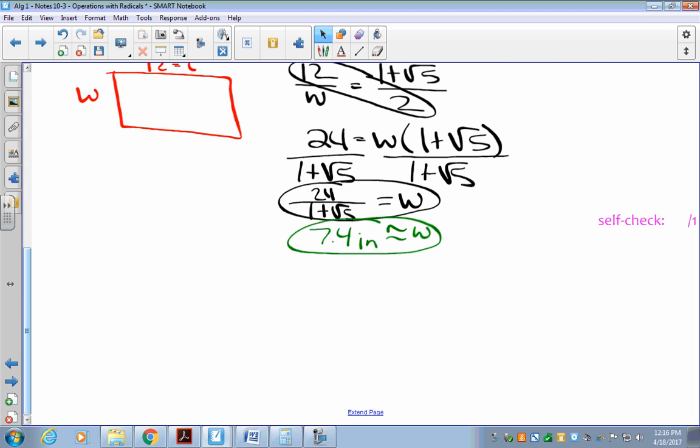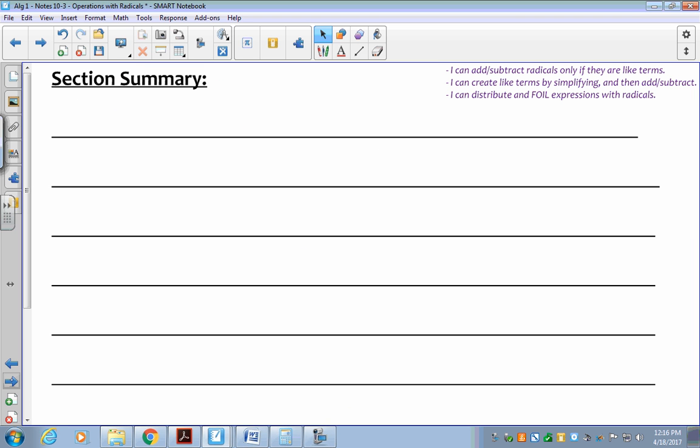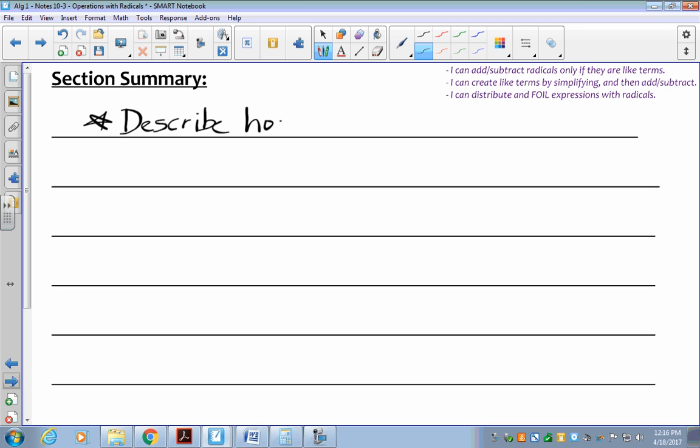Okay, what else we got, guys? We're on the summary. On your summary, please describe how to combine radical expressions when adding and subtracting.